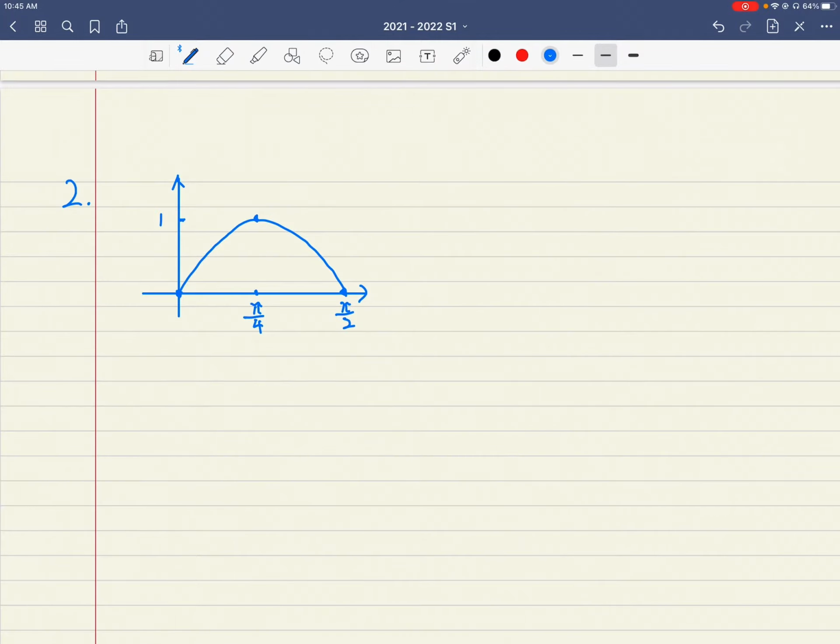And for cosine, I think you should be familiar: when x is 0, cosine 0 is 1. When x is half pi, cosine half pi is 0. So this will be the cosine.